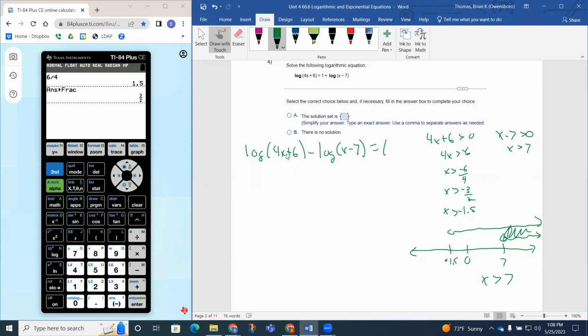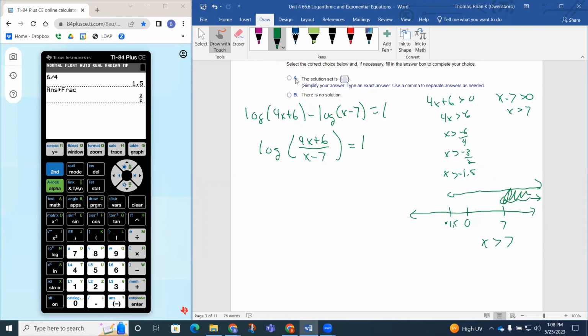Now, the reason I did that is I can now make this a quotient. So this is going to be the log of 4x plus 6 over x minus 7 equal to 1.